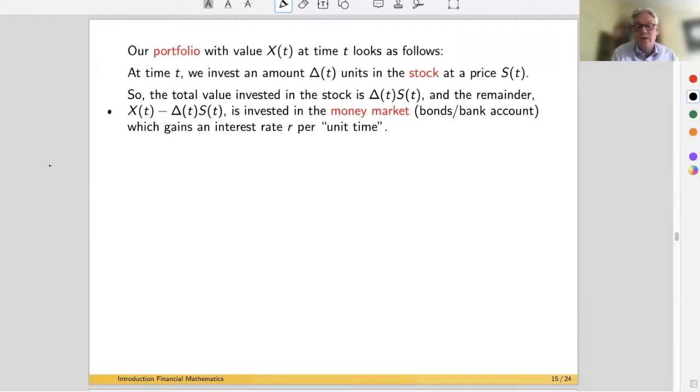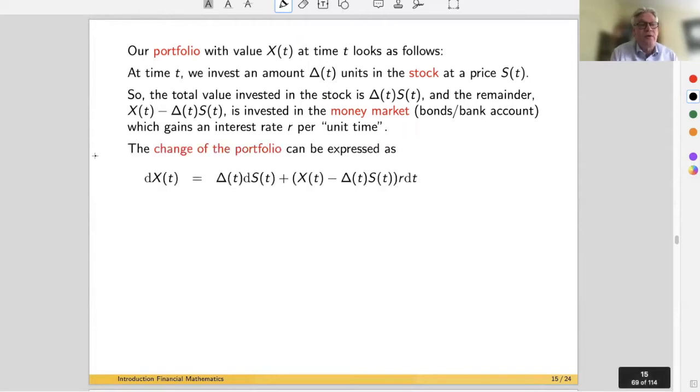And for those, we want to look at the change in portfolio. So the interest is the change in portfolio per unit time, dXt. Remember we have delta stocks. So dXt is connected to delta t dSt, the change in stock price for our delta stocks, and the remaining part, X minus delta t St, is an amount which we invested in the money market.